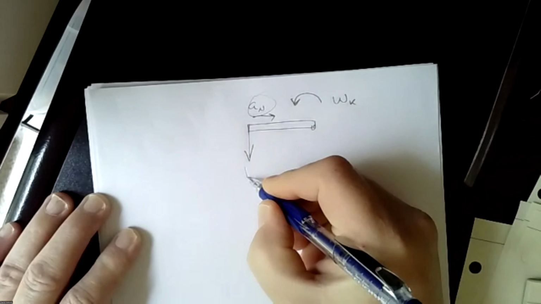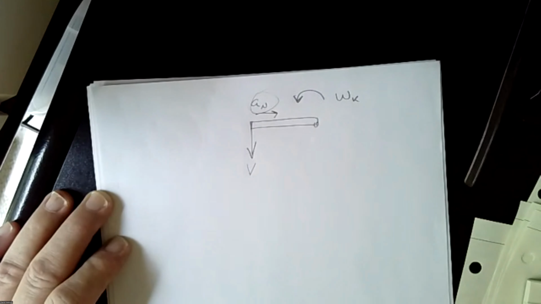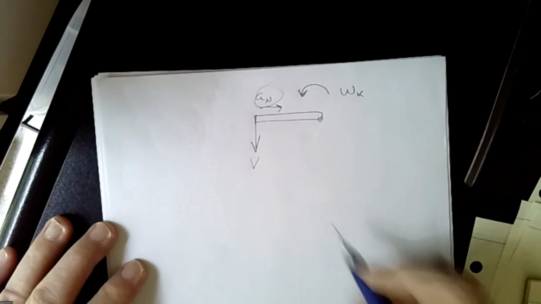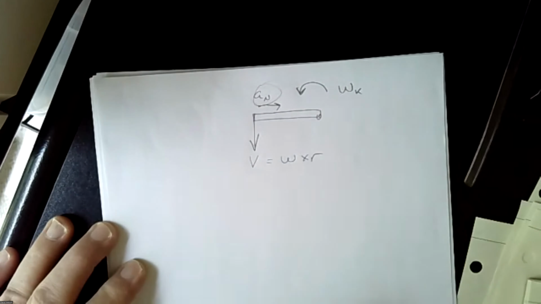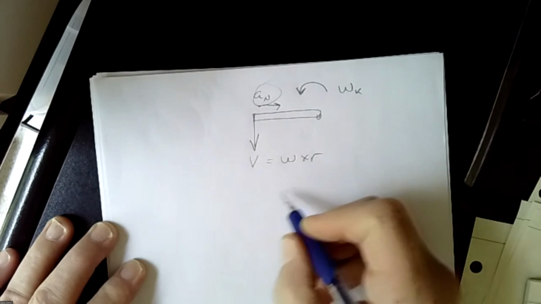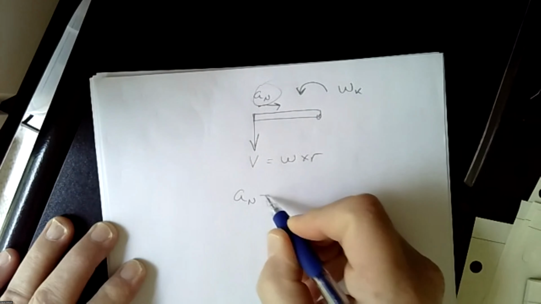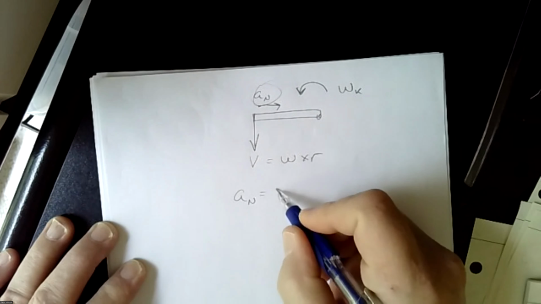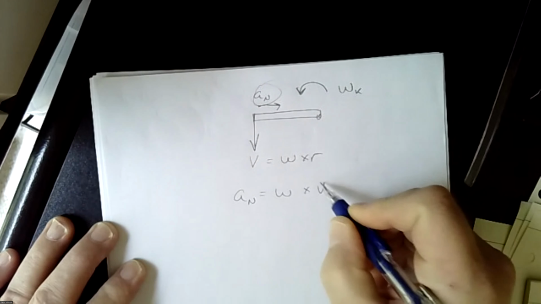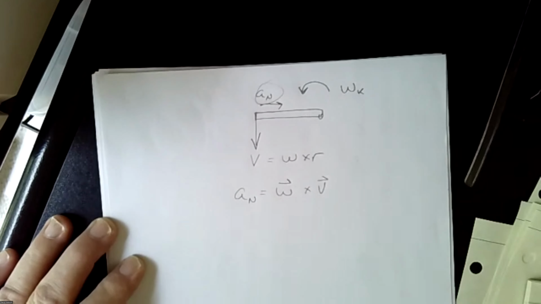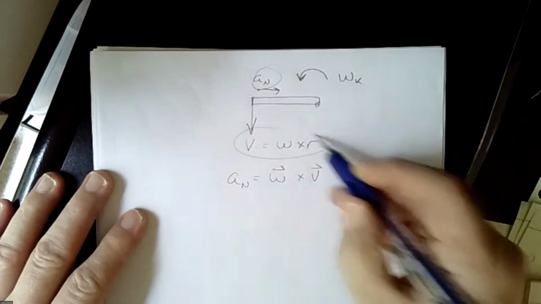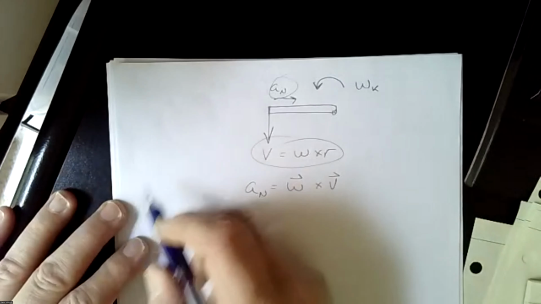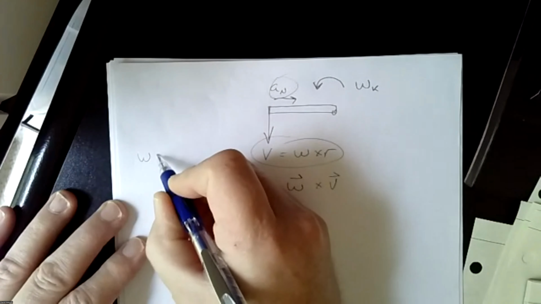So we know that's our v. So this is equal to omega cross r, and then acceleration in the normal is equal to omega cross v.